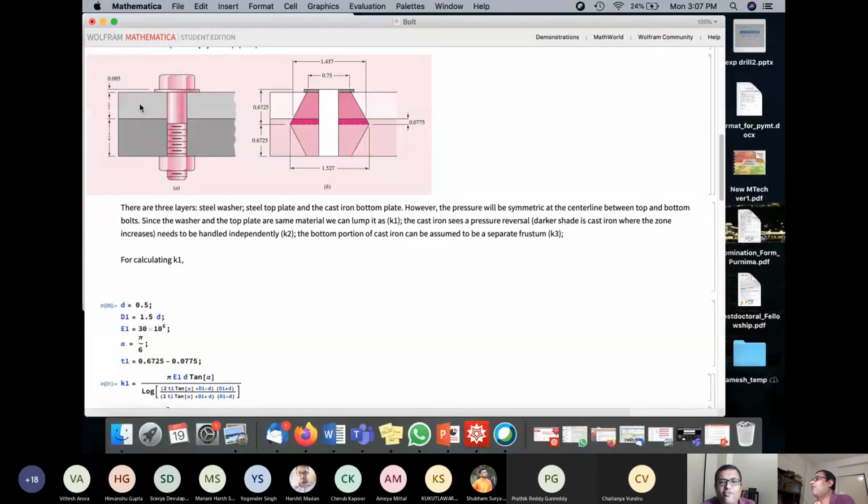So it's 1.345, right? And this 1.345 is getting compressed. So the pressure distribution, as I said, will be regardless of what material you use, and it will be symmetric.